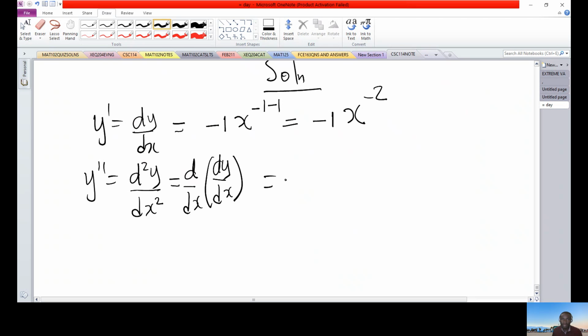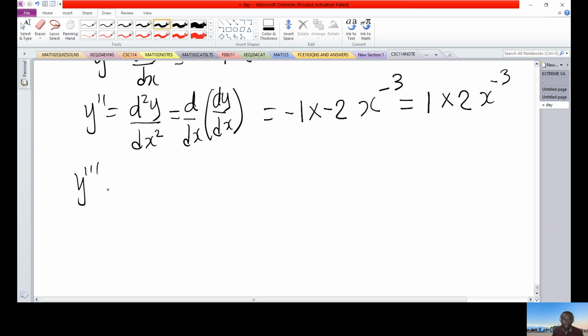So we'll have -1 times -2, and then x raised to the power -3. This is just the same as 1 times 2, then x raised to the power -3.